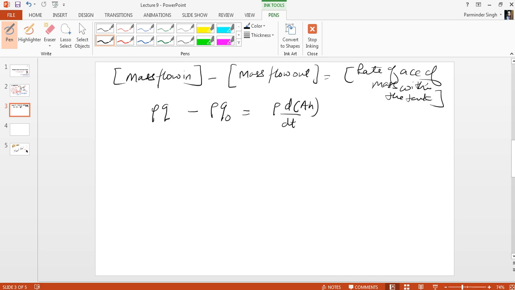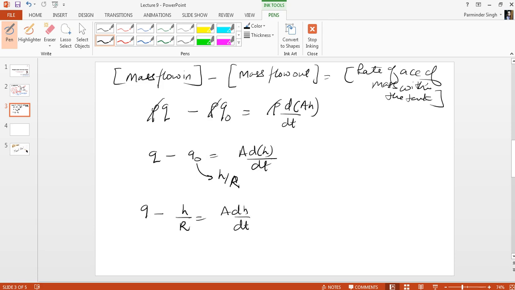Clear? Now density of the fluid remains the same at inlet, outlet, and within the tank, so it gets cancelled. So what we are left with is Q minus Q naught is A dH by dt. Since A, the cross sectional area, is constant, it can be taken out. Now Q naught in the case of linear is represented by H by R. So substituting back into this equation, we have Q minus H by R is A dH by dt.